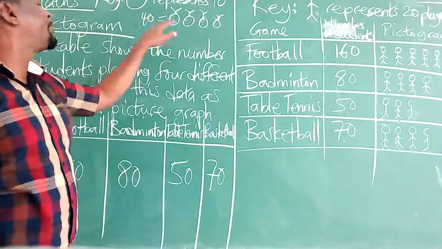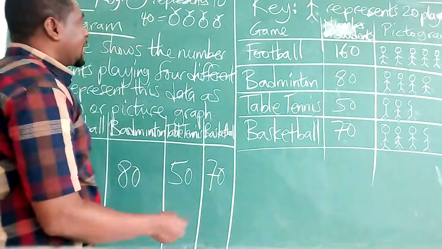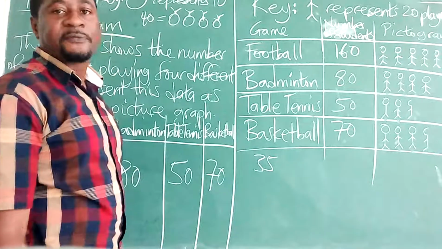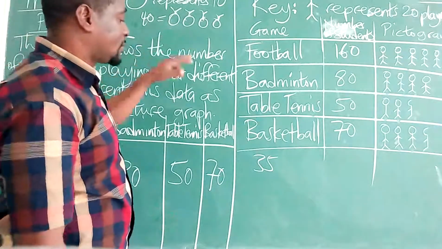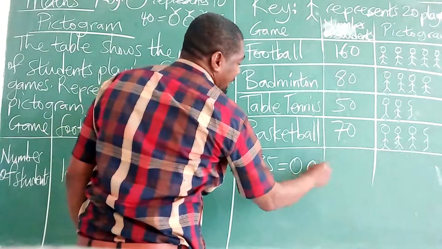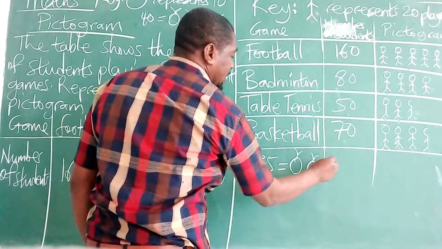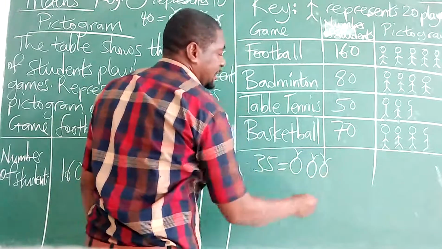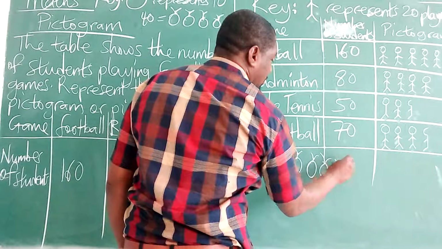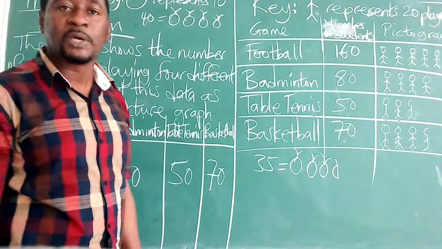So 4 apples will represent 40. If I have 35, and I have to represent it with apples, I have to draw 3 full apples, and then the other one will be half apple. I hope you have understood what we are doing.